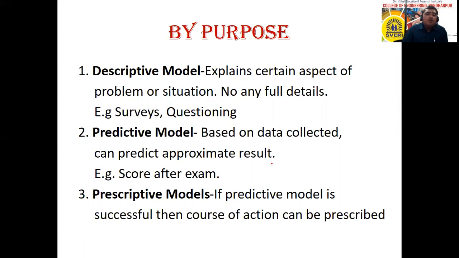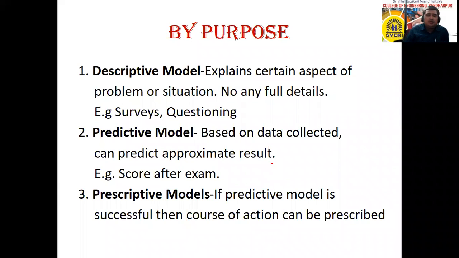If the predictive model is successful, then a course of action can be prescribed. Let's say you predicted that out of 70, you will get 58 marks.